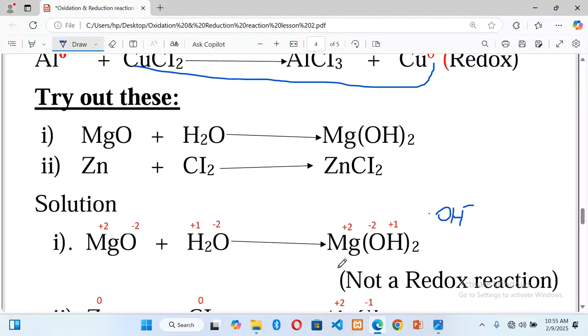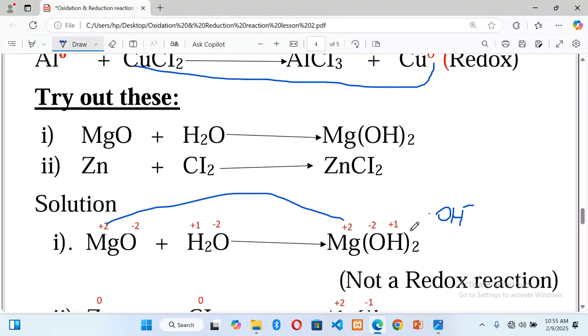Can we have a quick look at magnesium? What is happening with magnesium? Positive 2, positive 2. Is there any change? No. Oxygen, negative 2. Even here it is negative 2. No change. Look at hydrogen, positive 1, positive 1.